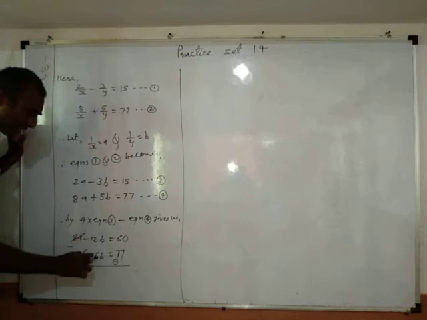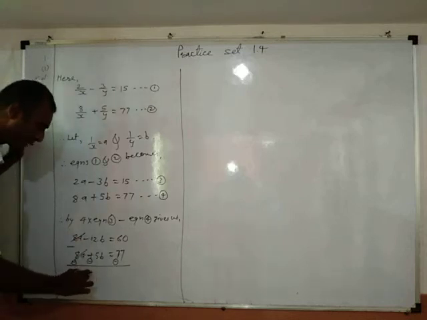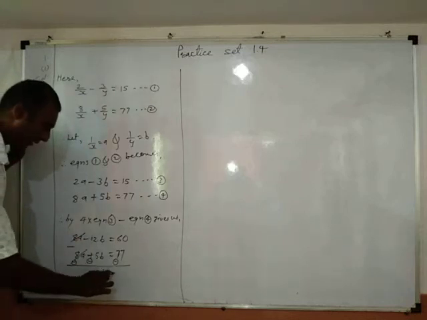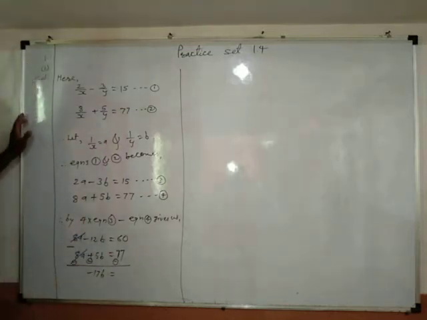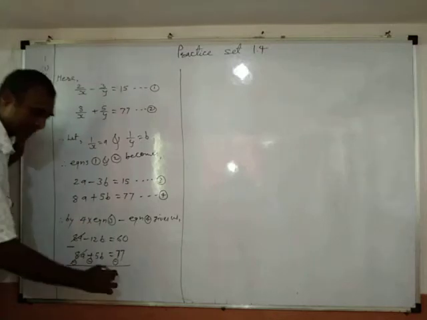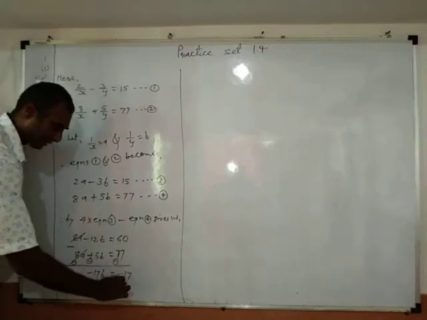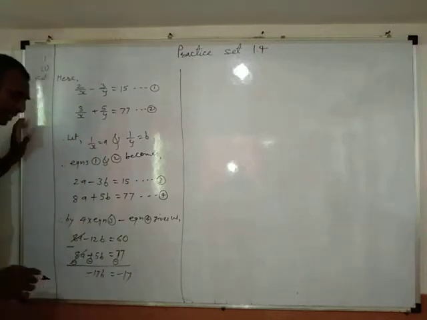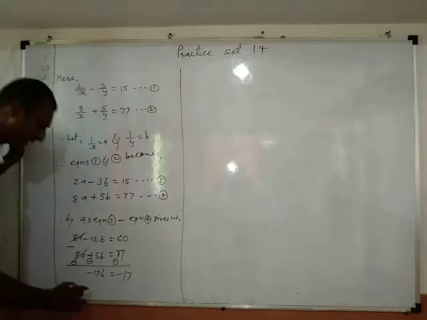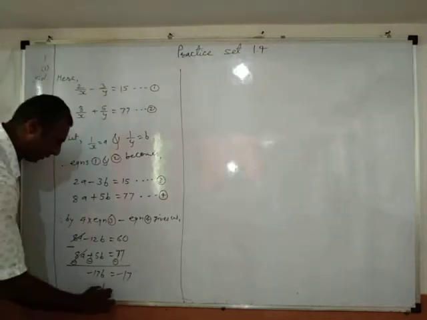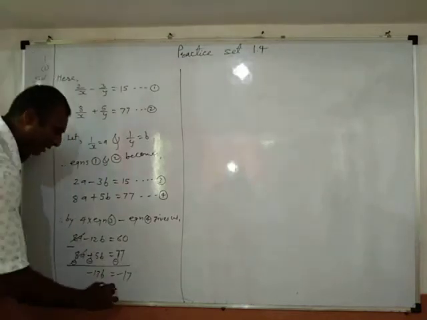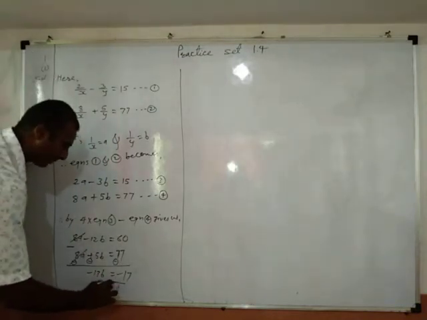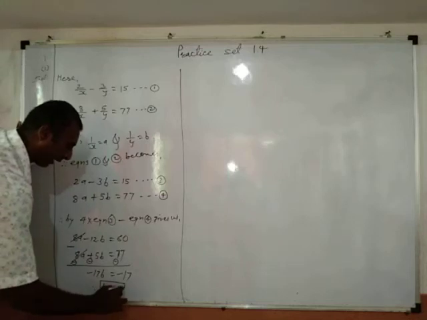Minus 12b minus 5b gives us minus 17b equals 60 minus 77, means the difference will be minus 17. Minus 17b equals minus 17, and therefore b will be minus 17 upon minus 17, which means it will be 1.